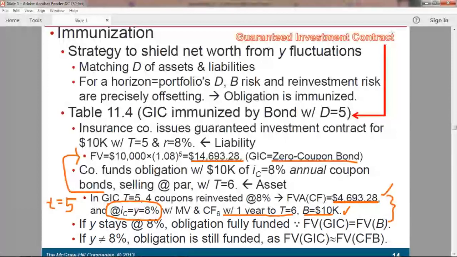Starting from time 0, 1 is the end of year 1, 2 is the end of year 2, so 5 is the end of year 5.